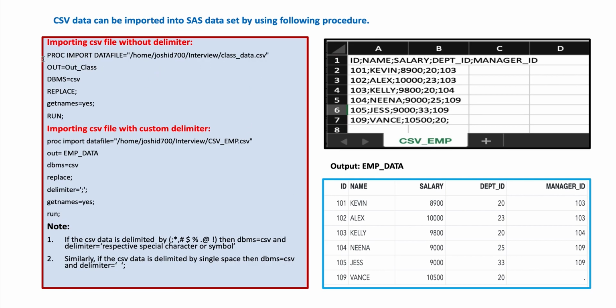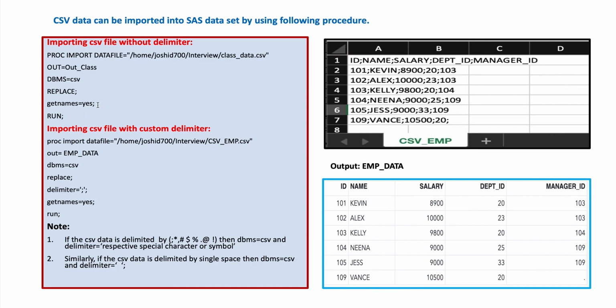We use this code: proc import datafile, and we have to provide the file name with extension and folder name, the output data set name, dbms csv, and the replace option is used. That means if this out underscore class already exists, then this file is replaced by new data.